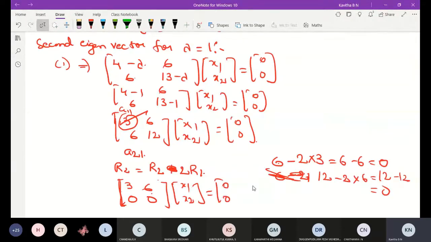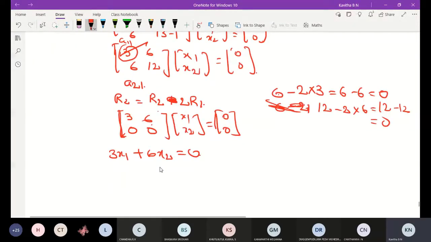Then next here 3x1 plus x1 is equal to minus 2x2. Then take down, if x2 is equal to 1, what will happen? x1 is equal to minus 2 into 1, means x1 is equal to minus 2.